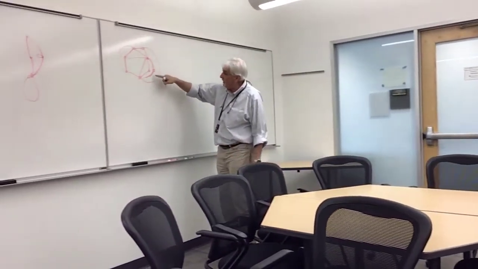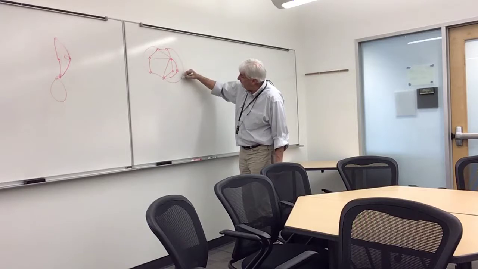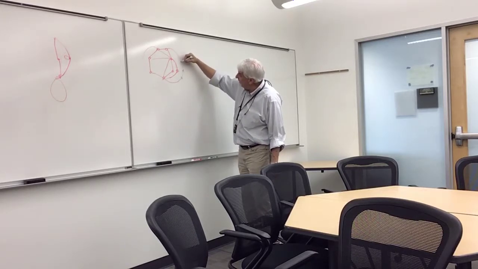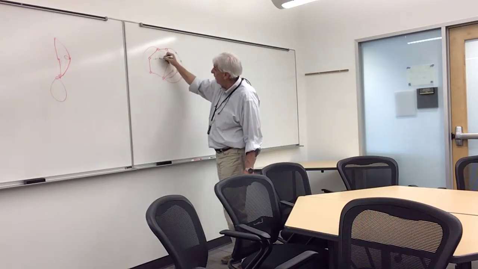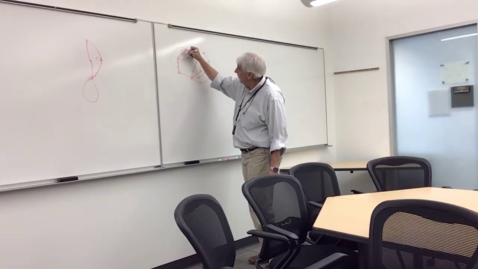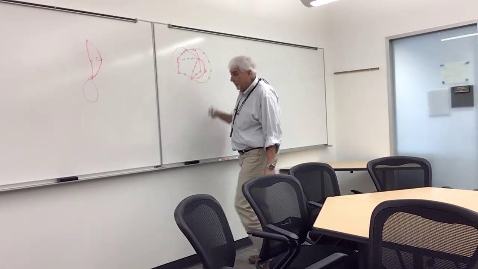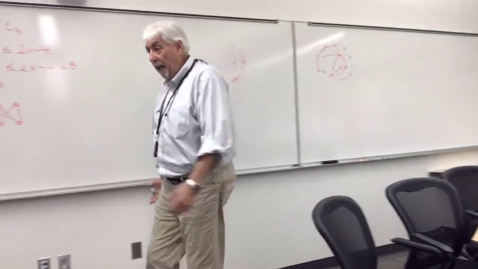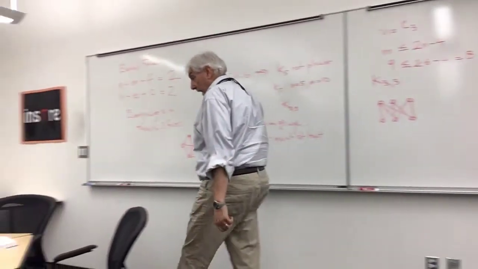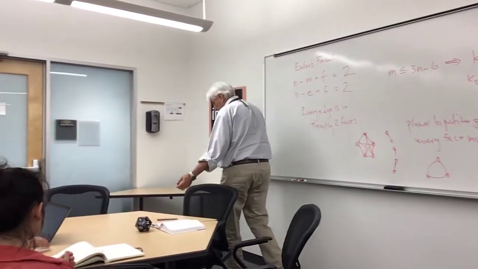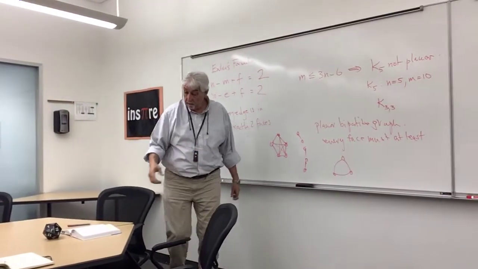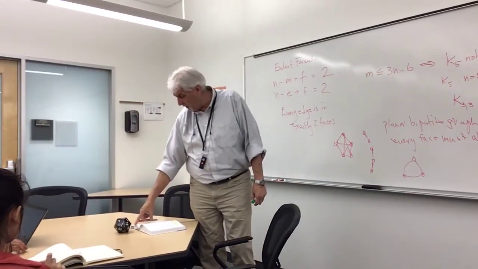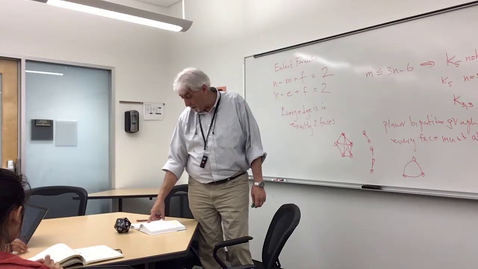And if I take a planar graph and subdivide the edges, so instead of this edge, let's make it a path, instead of this edge, let's make it a path, and do that for all or some of the edges, then the graph remains planar.